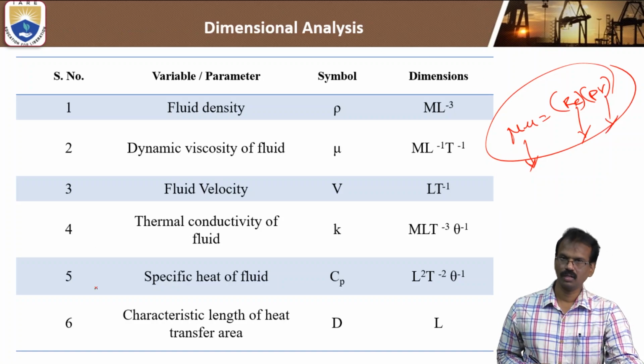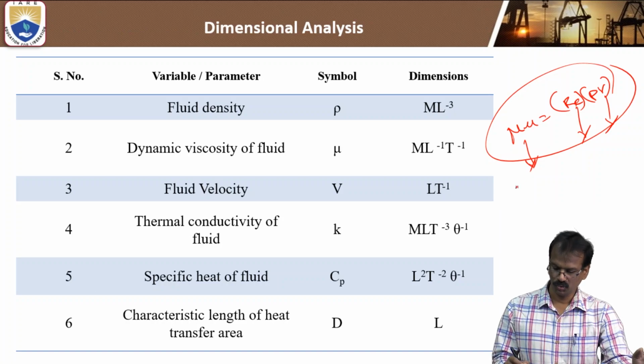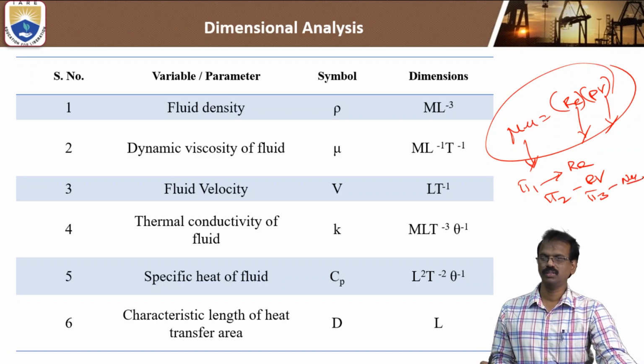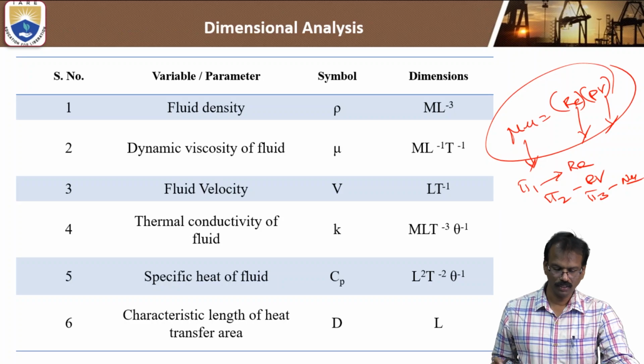So from this numerical we get 3 dimensionless groups: pi 1 is Reynolds, pi 2 is the Prandtl number, and pi 3 is the Nusselt dimensionless number. We will see how to solve this quickly.